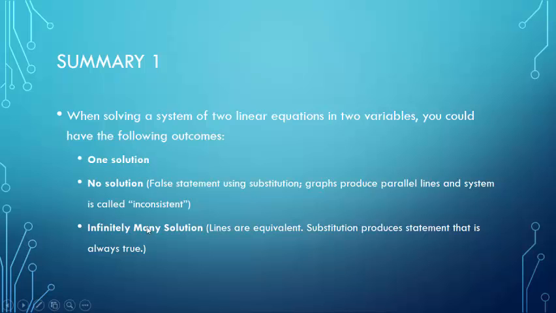So in that case, you probably have infinitely many solutions. When these issues come up, please take some time to pause and try to give that thought about why you would have those kind of outcomes. Remember that you either have lines that cross once, never, or they are the same line.